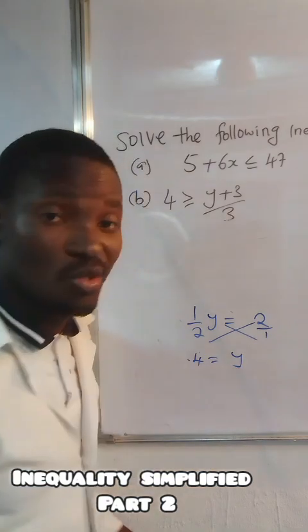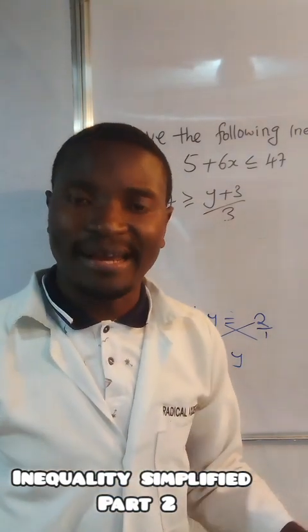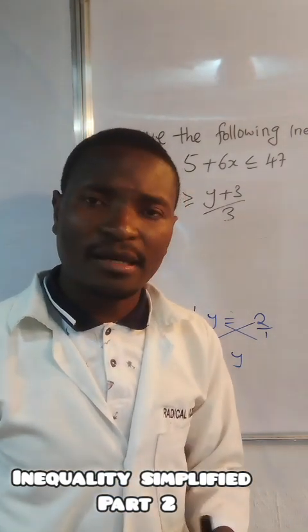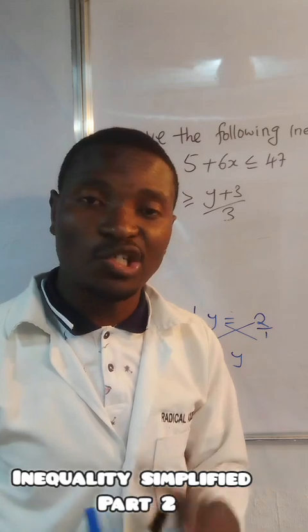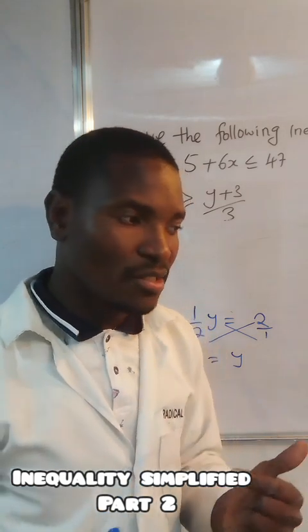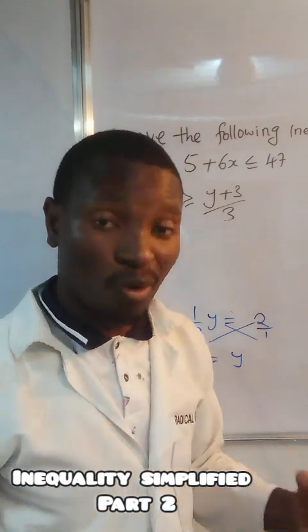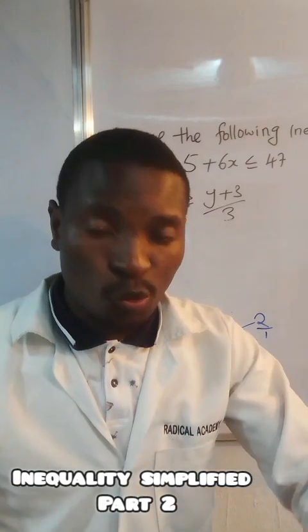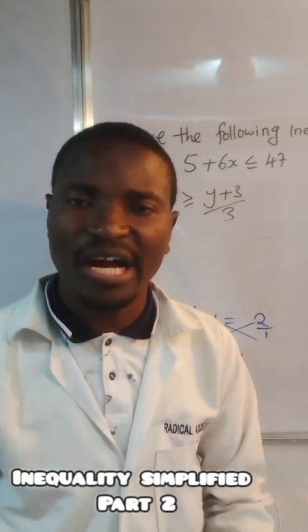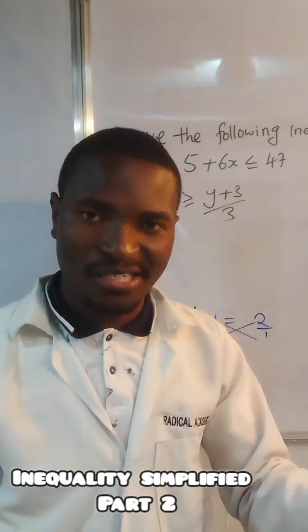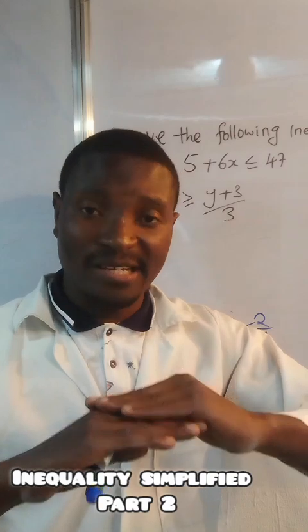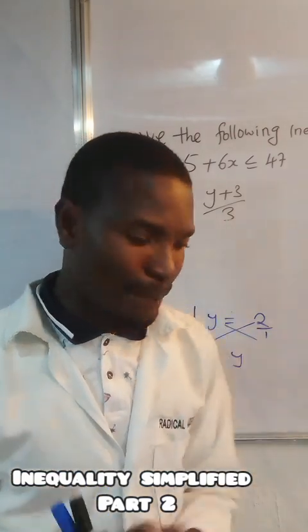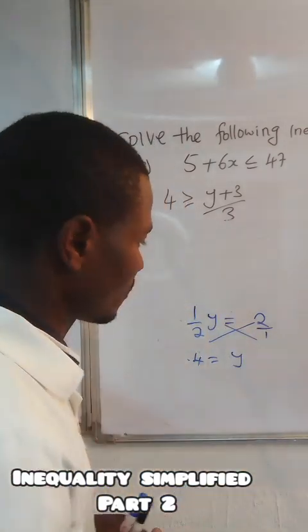So this gives me 4 equals y. But the easiest way is to multiply both sides of that equation by the denominator, so that it becomes linear.